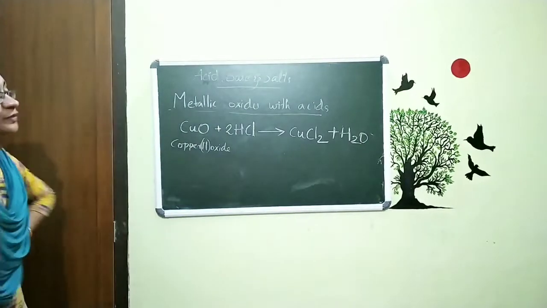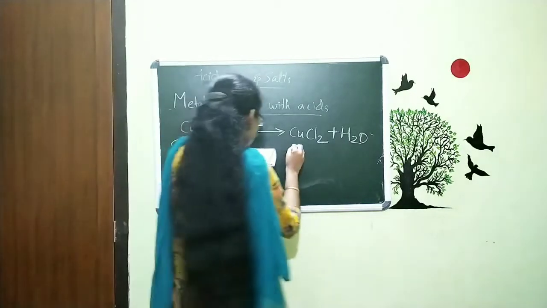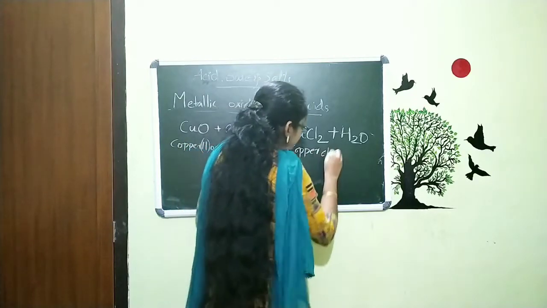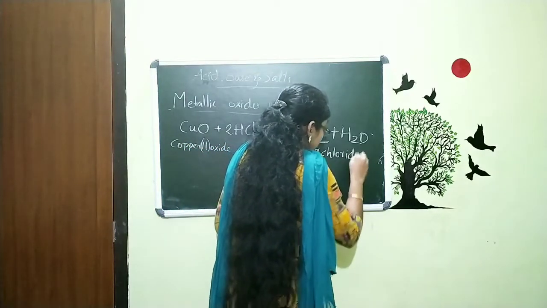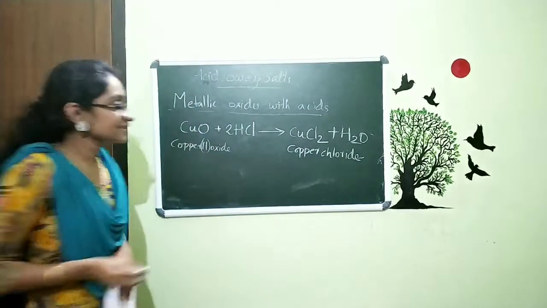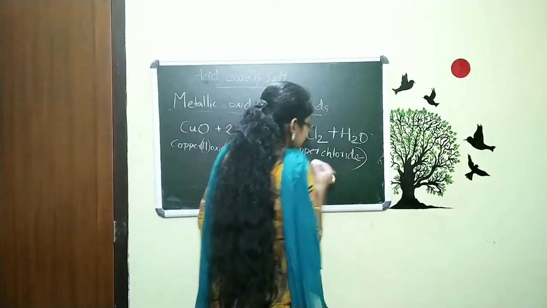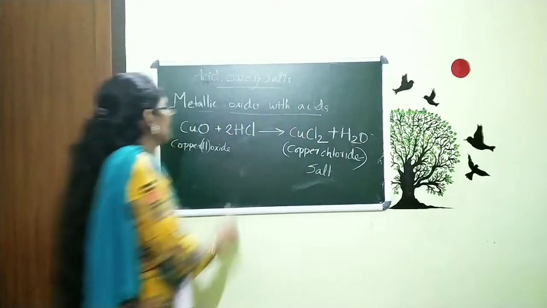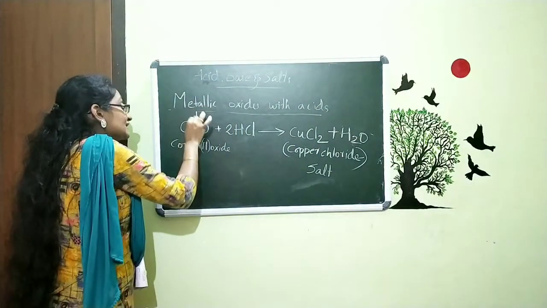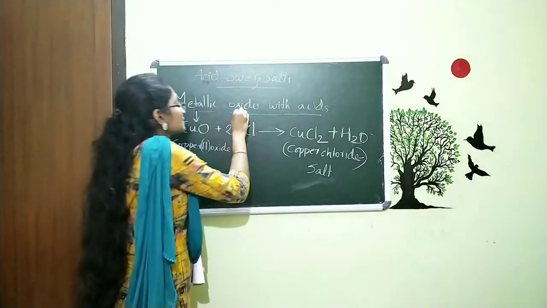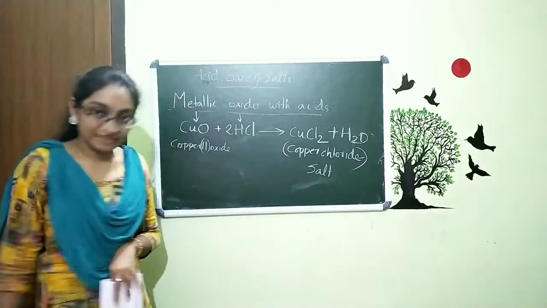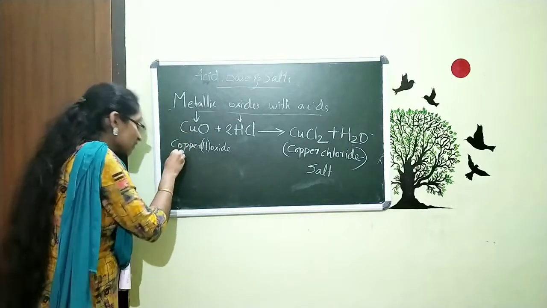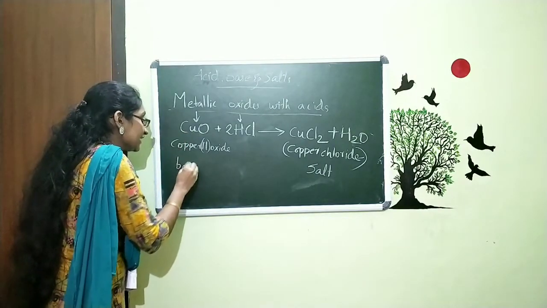This CuCl2 means copper chloride, which is a type of salt. Salt and water are formed when a metallic oxide and an acid react. Also remember, this is a type of oxide with basic nature.